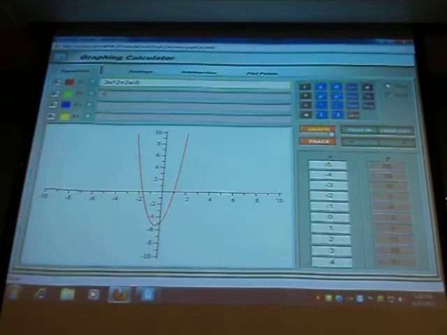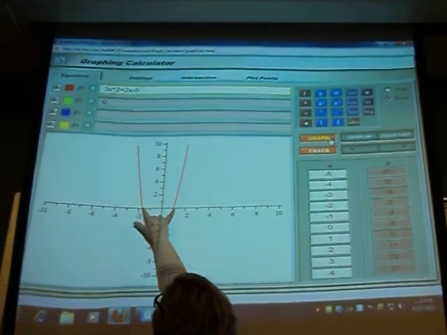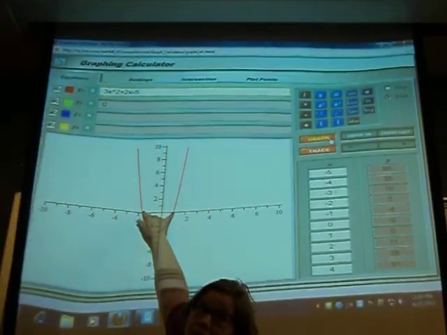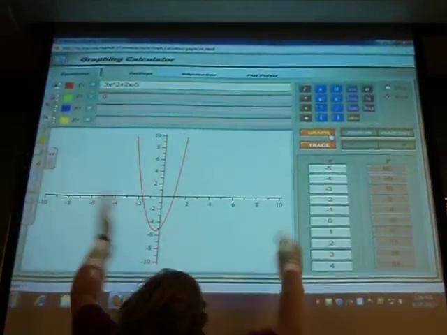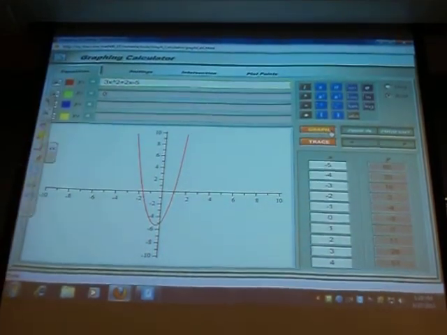All right, so this is asking me where is the function positive? So I'm looking for where my function is positive. From here to here, it's negative. From here on out, it's positive. So I've got two separate regions where the function is positive.